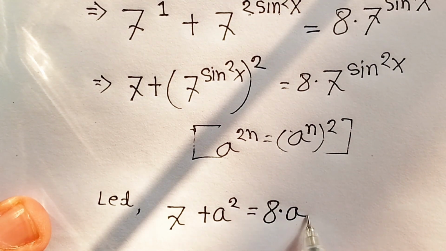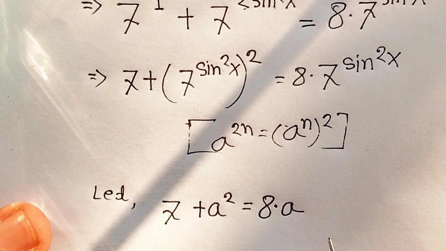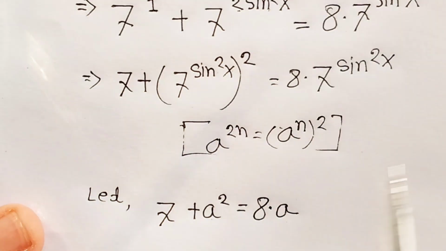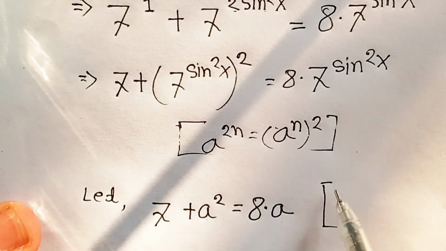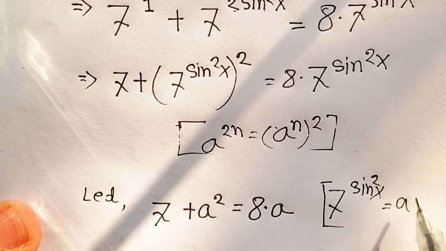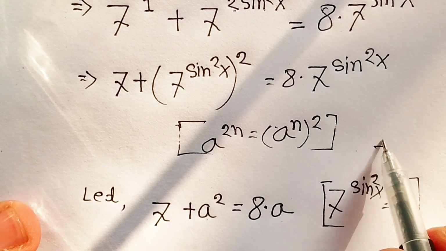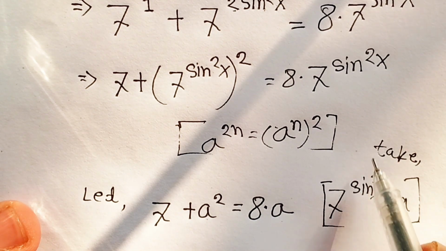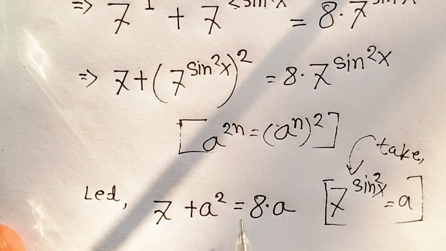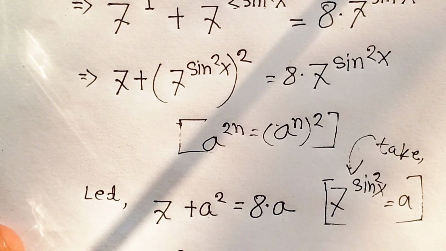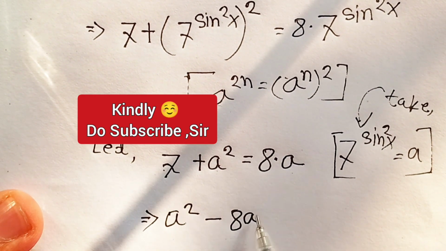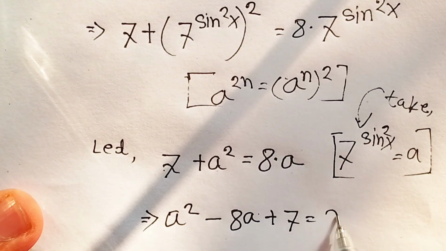We just take this a, where a is 7^(sin²x), to write this equation easily. So here we write a² minus 8a plus 7 equals 0.